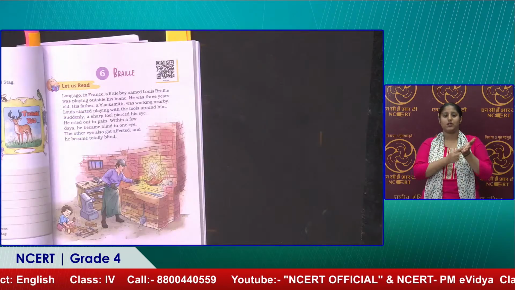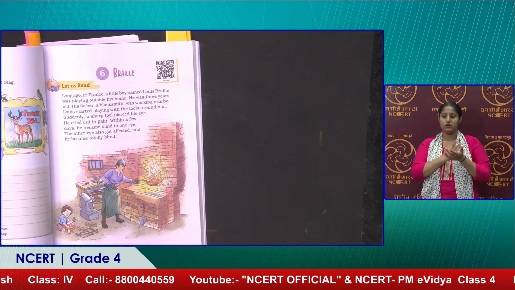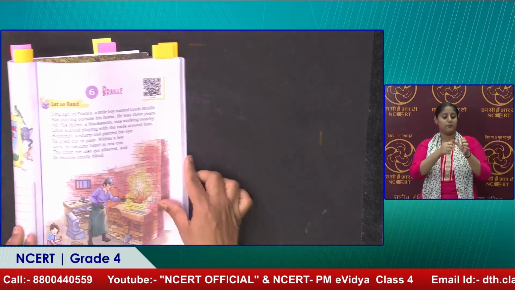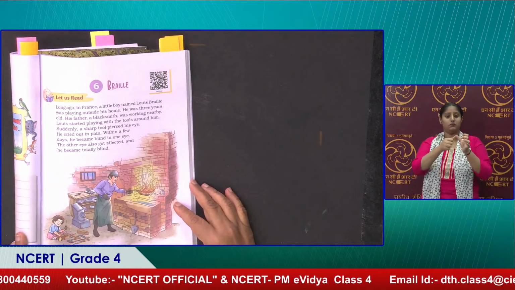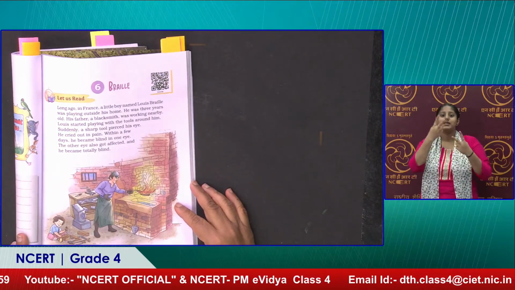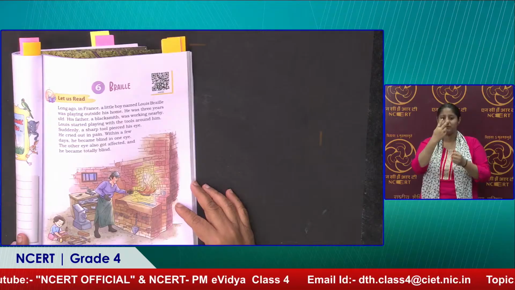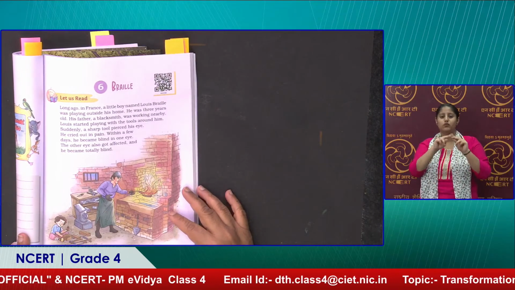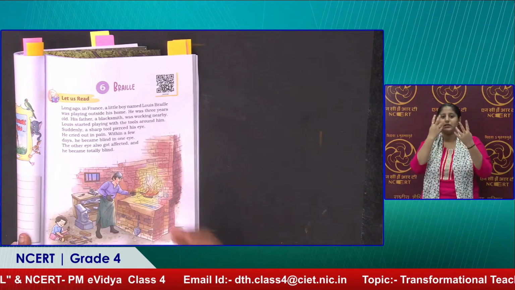In the next unit, we have a lesson on Braille. This one is about, of course, Louis Braille, and in his childhood, how he became blind due to an accident. One eye became blind, and then the infection spread to the other eye. He became totally blind. So he knew what it was to see, and then gradually became blind.